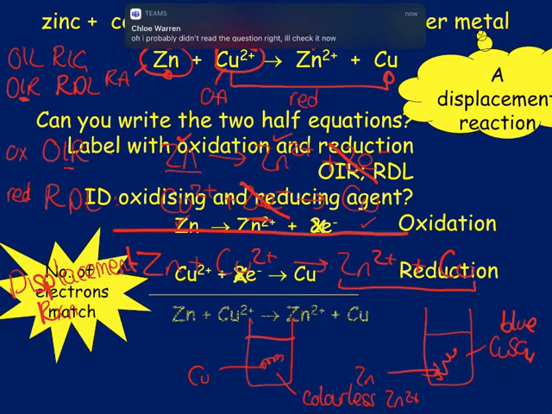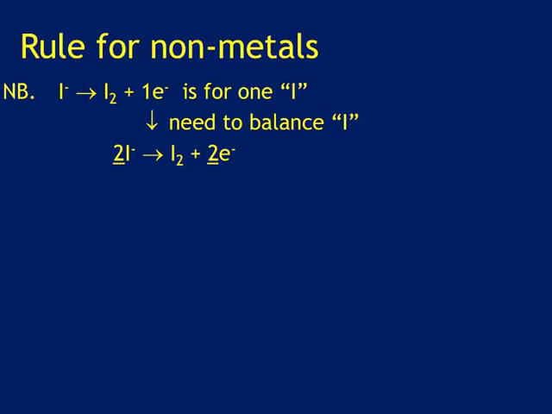Okay, so the only thing, and this is going to come up in the next ones we did. When you write your equation line, this is an oxidation line up here. As written, this line is only for one iodine, but I have two iodines in my equation.